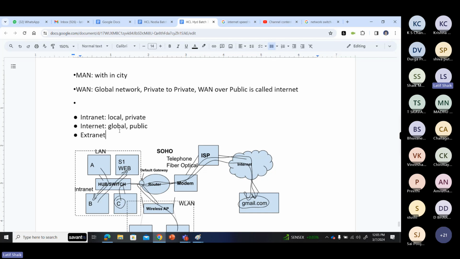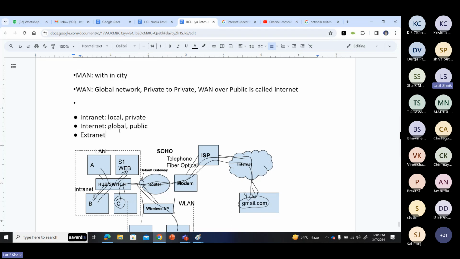What is extranet? Extranet is like a WAN connectivity type. I have a private network in my organization, and another branch office has its own intranet. That means LAN and LAN.